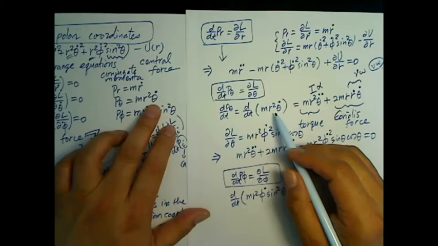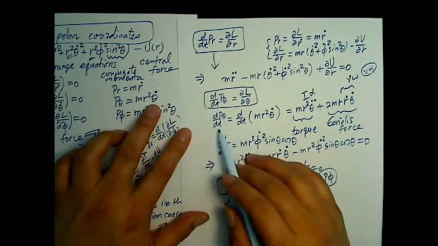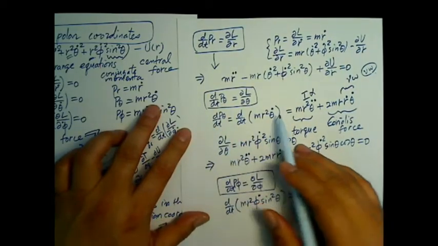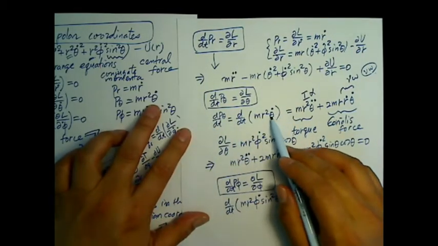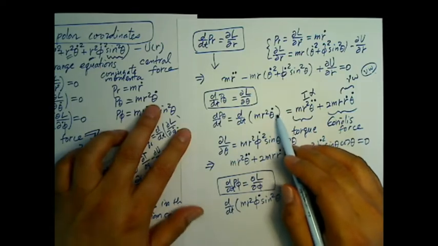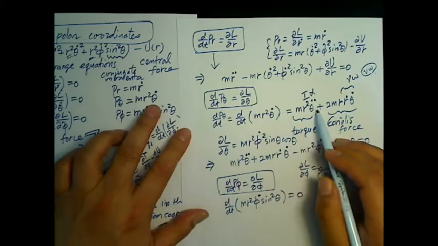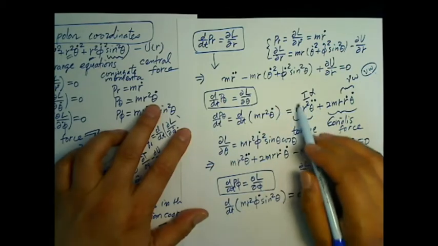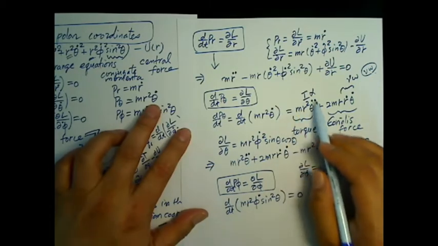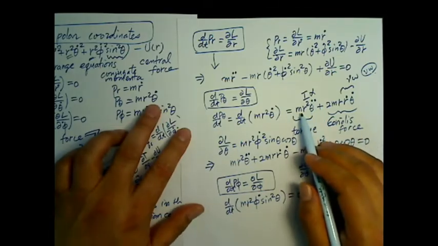So mr squared is moment of inertia for the rotation, phi rotation. So time derivative of this is, let us first take the derivative for the angular velocity, then we obtain angular acceleration. I alpha, this is torque generated by the angular acceleration.